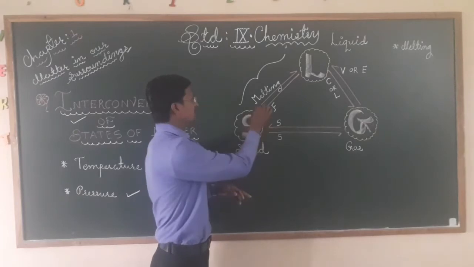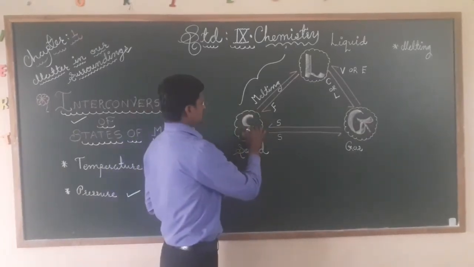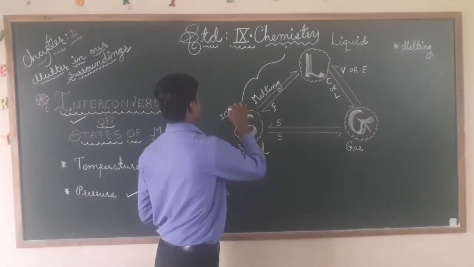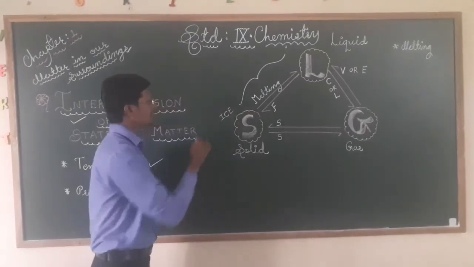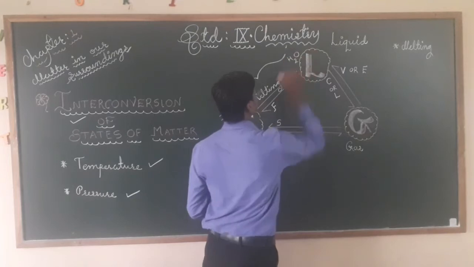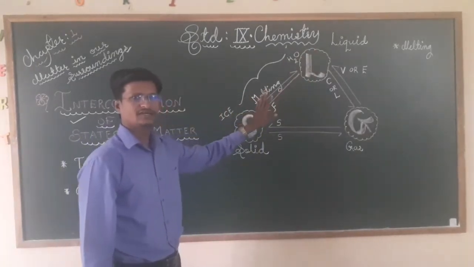Remember that melting is possible when the substance is solid. Suppose we take the example of ice. Ice as a solid converts into water, H2O. That we call melting.